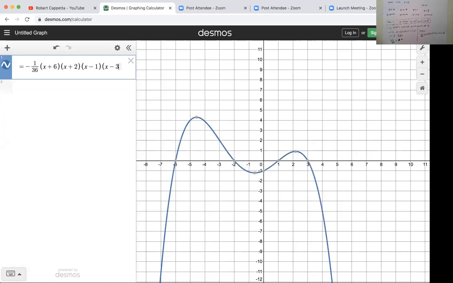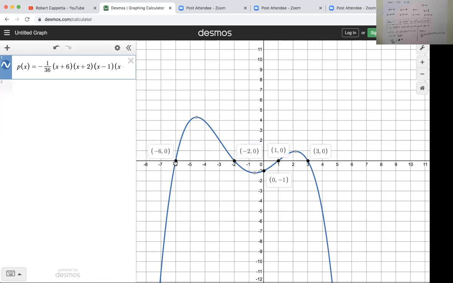Does that look similar to what we had before? We have the point 0, -1. That looks good. We have zeros at 3, 0, 1, 0, -2, 0, and -6, 0.